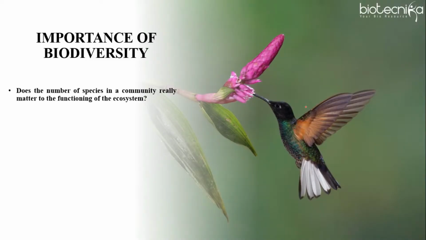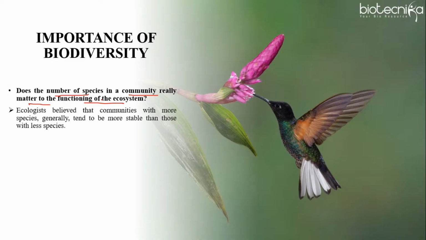To understand the importance of biodiversity, we have to ask a few questions to ourselves. First question is, does the number of species in a community really matter to the functioning of the ecosystem? What do you think?